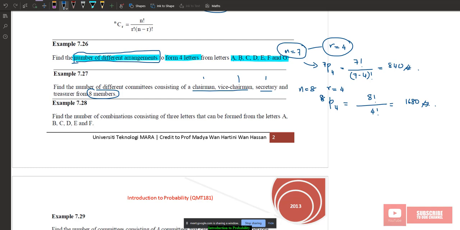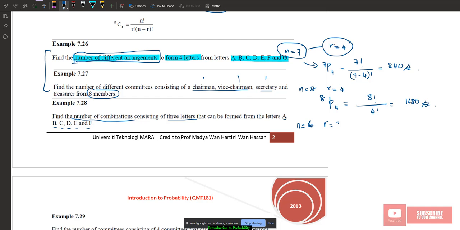Okay. So now, look at example number 7.28. These two examples were about permutation, and this one is about combination. Find the number of combinations consisting of 3 letters that can be formed from the letters A, B, C, D, E, F. So basically n equals 6.